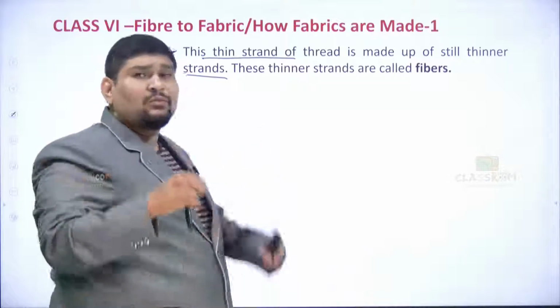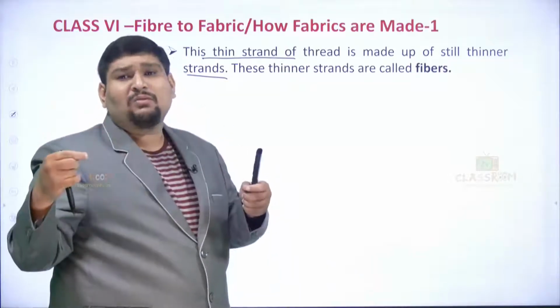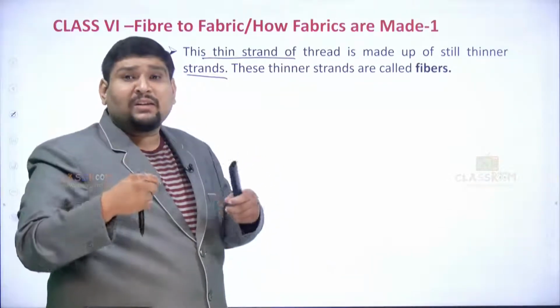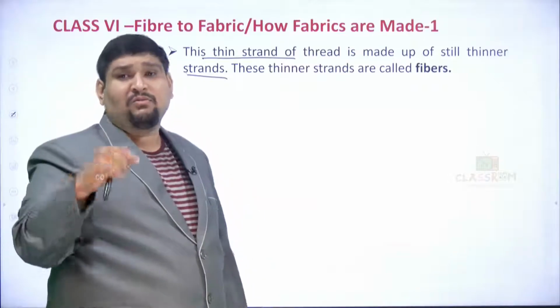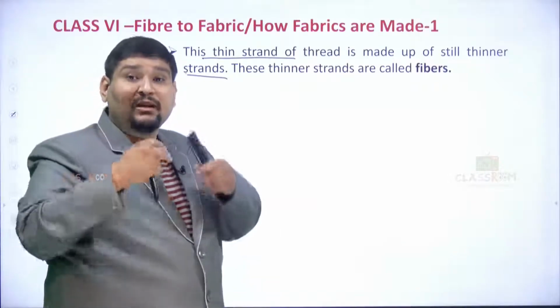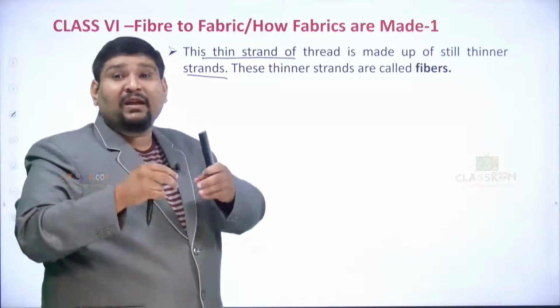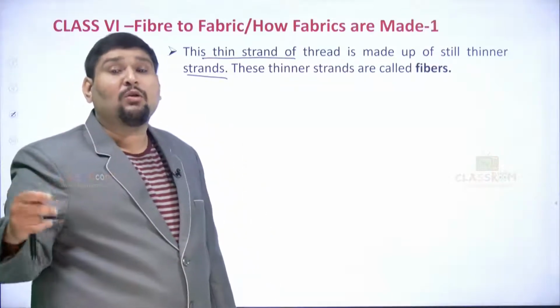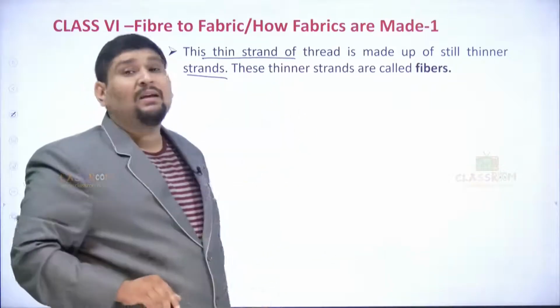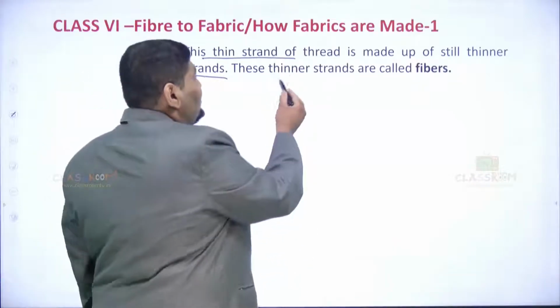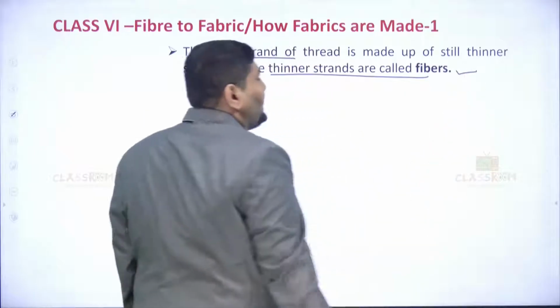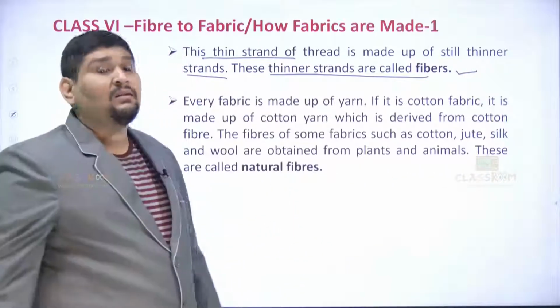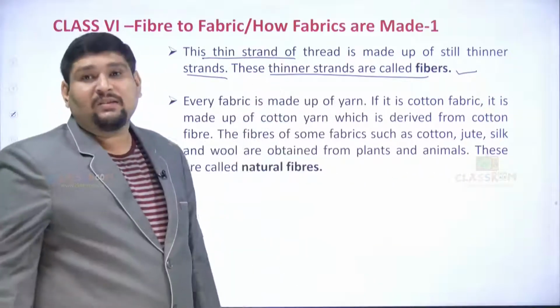If you take just one part of a thread, you can see that it can be further divided, further separated into smaller and smaller, thinner materials. And these thinner strands are called fibers. We call those thinner strands fibers here.